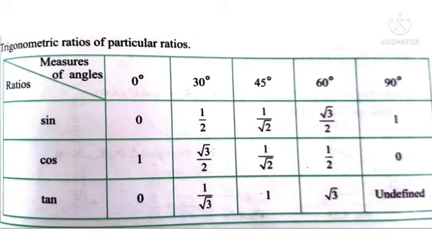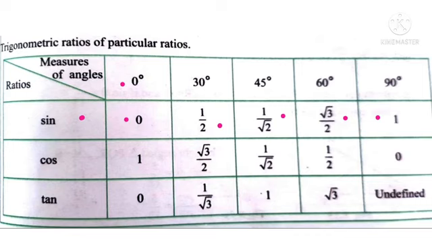This is the table. First sin 0 is 0, then sin 30 is 1 upon 2, sin 45 is 1 upon root 2, sin 60 is root 3 upon 2, sin 90 is 1.